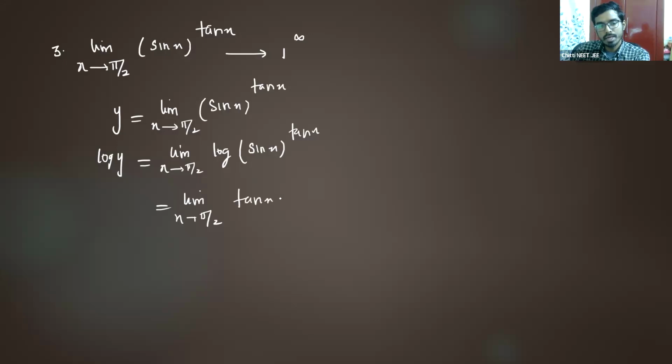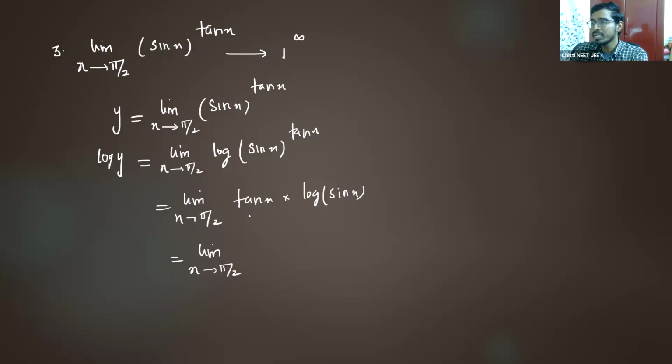So this is tan x into log of sin x, right? What form is this? I can write tan x as 1 by cot x, right? So limit x tending to pi by 2.